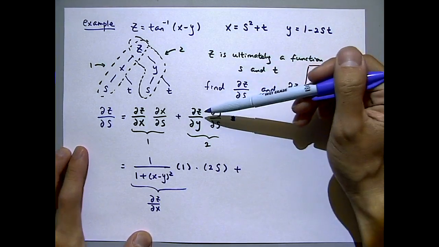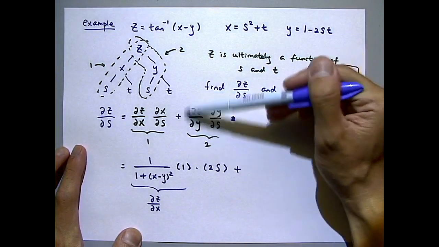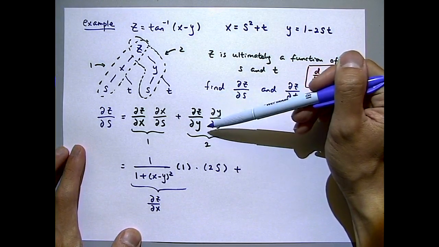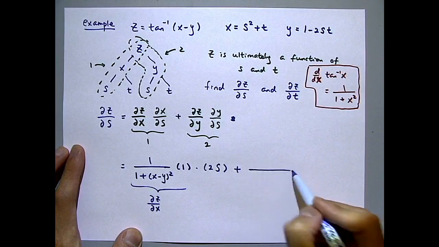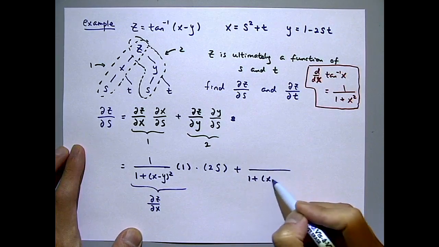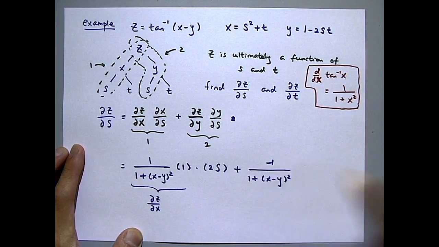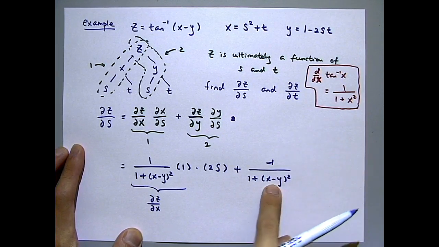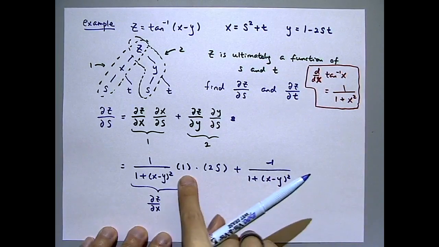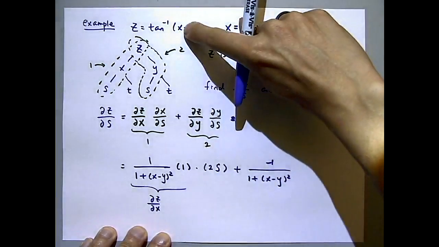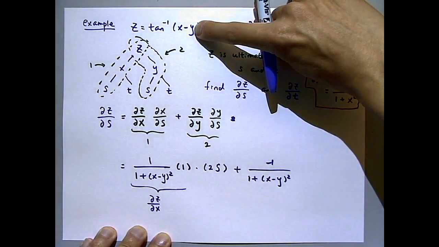Okay, what's the partial derivative of z with respect to y? Just this part. Good. Why is it negative? Very good. Right? The negative here is because of the coefficient of y. There's a chain rule here, because x has a coefficient of 1, just a 1. Y has a coefficient of negative 1.